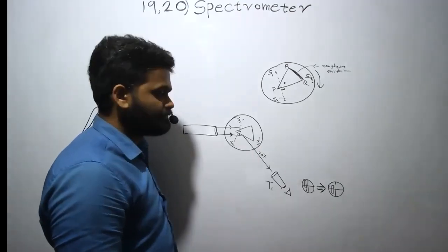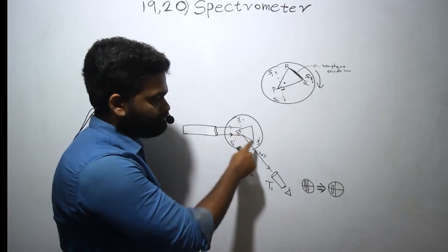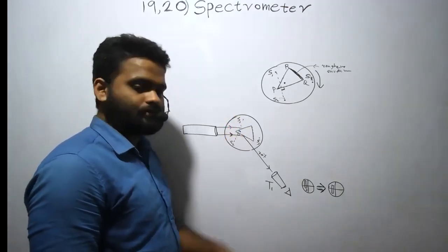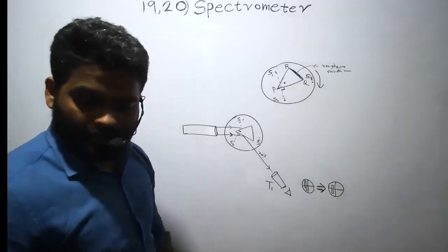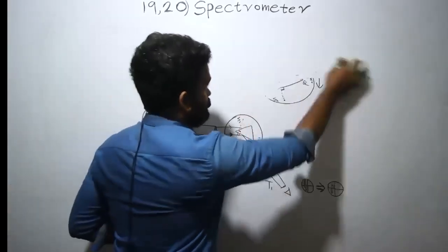That's why we do that. S1, S2 is perpendicular to this edge. You rotate either S1 or S2 in order to make this symmetrical like this. Right. So let's say you made it symmetrical.